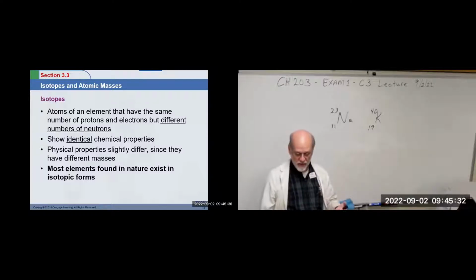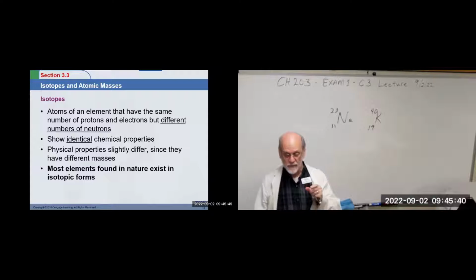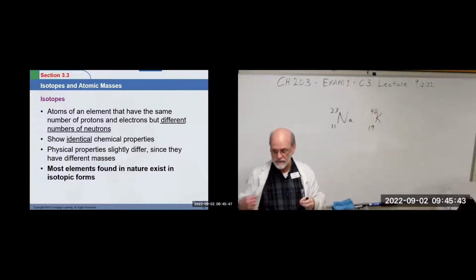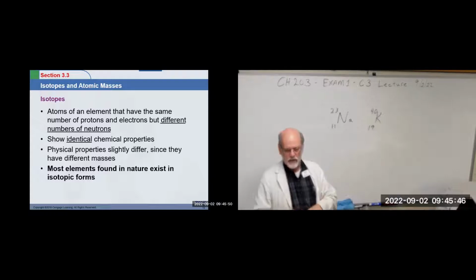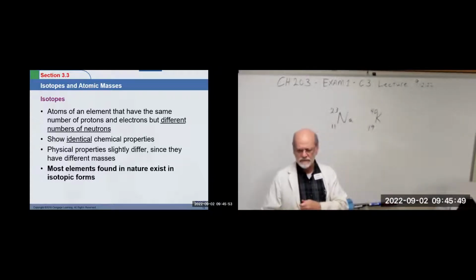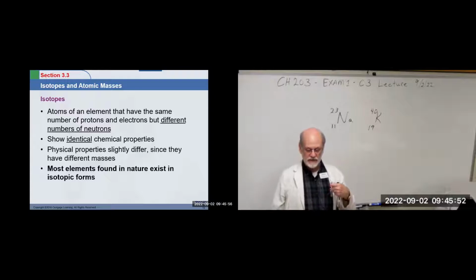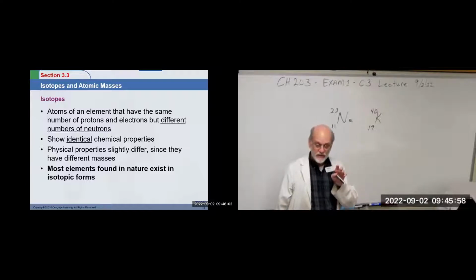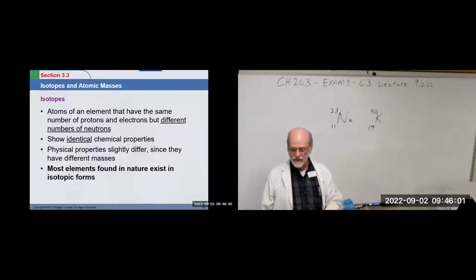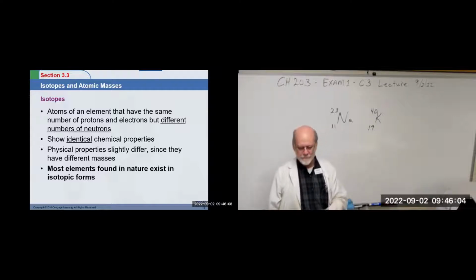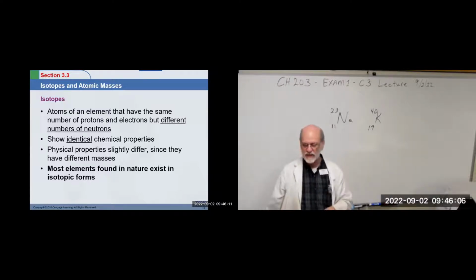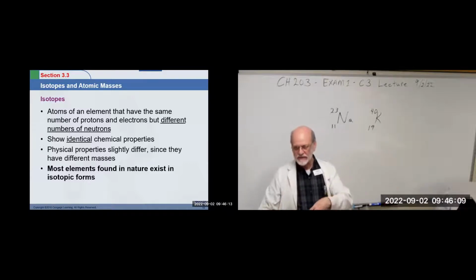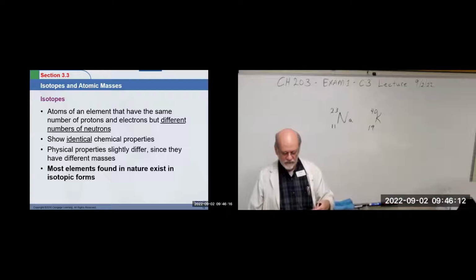So they will have the same chemical properties, and the physical properties might differ a little bit. And actually, we use those physical properties to separate the isotopes. Everybody's heard of the Manhattan Project, right? That was the project that was set up actually in Manhattan to ultimately create an atomic weapon. They had to move it to a more remote location. So they had several places set up in the country, and everything came together eventually at Alamogordo, New Mexico.